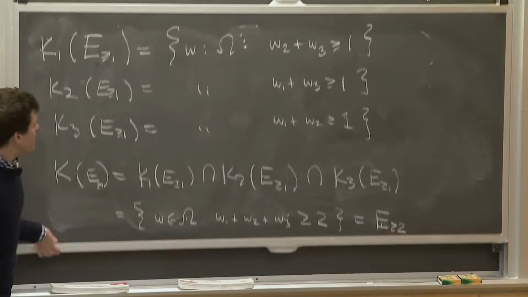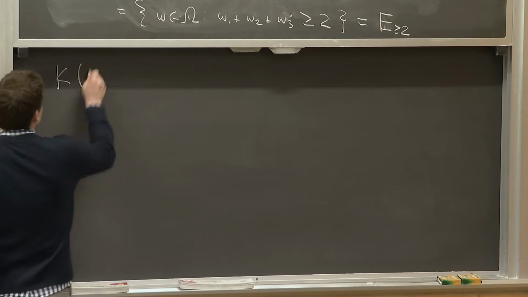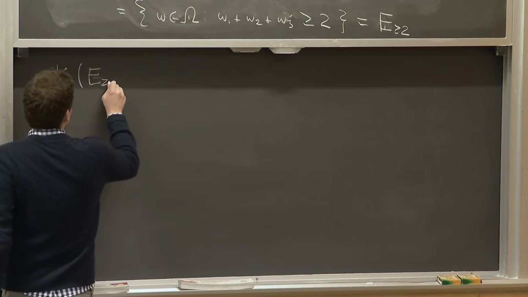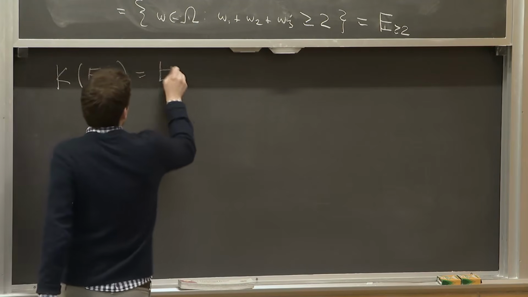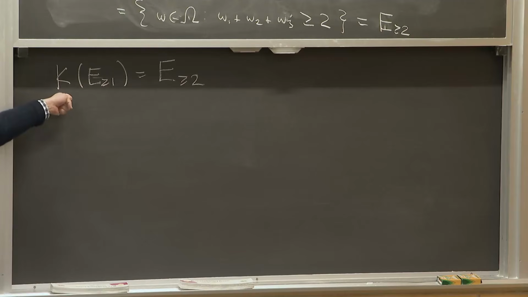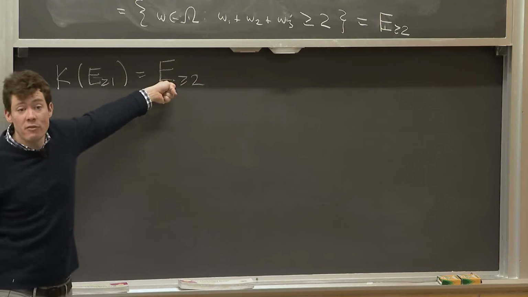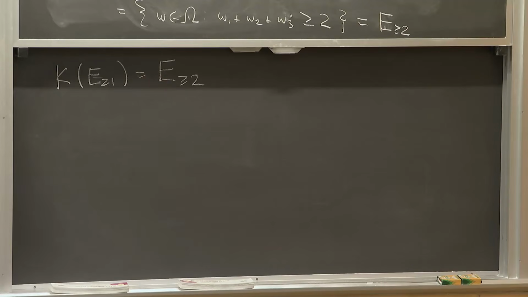So let's see if we can continue this pattern. We've said that K of E greater than or equal to 1 is E greater than or equal to 2. The event that everyone knows at least one hat is red is exactly the event that at least two hats are red. You need one more red hat for people to know that at least one hat is red.